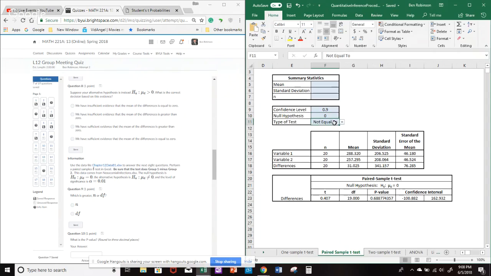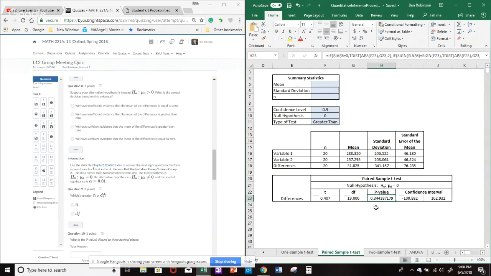Okay. Next one, suppose your alternative hypothesis is instead greater than 0. What is the correct decision based on this evidence? So now we change it to greater than right there in our alternative hypothesis, and now our p-value will be 0.344, right?